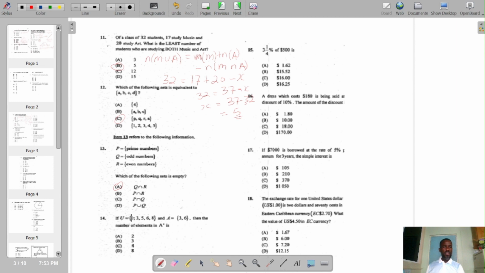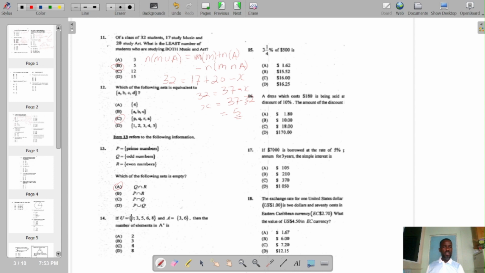Now, what are the elements that we have on the outside? We have 1, 5, and 8. So therefore, the number of elements in A complement, that is the elements that are not in A, is equal to 3. So our answer there is B.